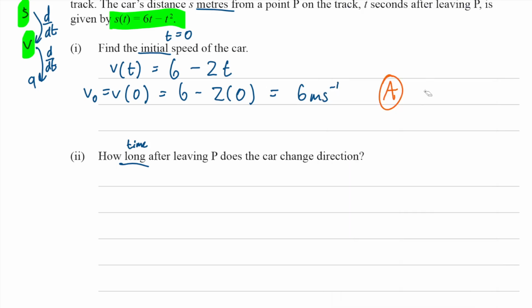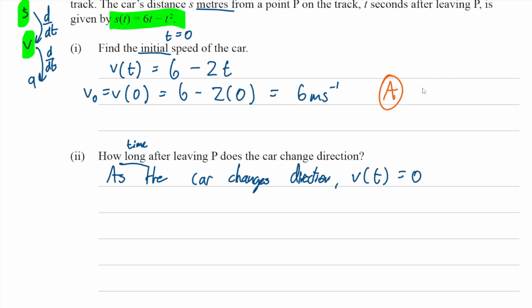Now, this is a calculus paper, so we do need to show that using calculus. We know that right when it turns around, as the car changes direction, its speed would be 0.